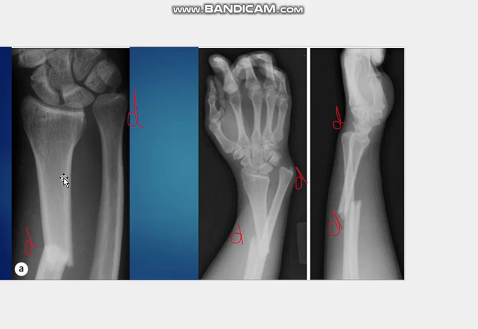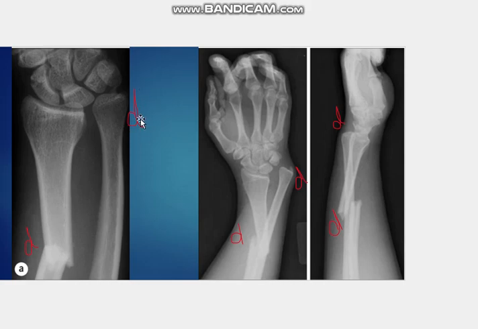The other fracture is Galeazzi fracture dislocation. Again, the double D sign of Galeazzi fracture dislocation: there is radial shaft fracture with displaced fragments, and the displaced fragment is very important in the process of the dislocation.